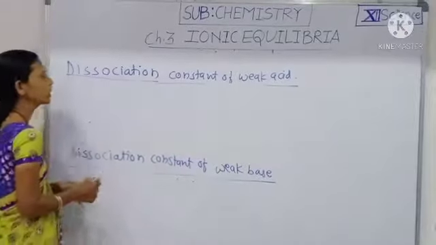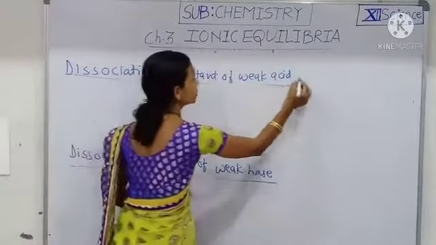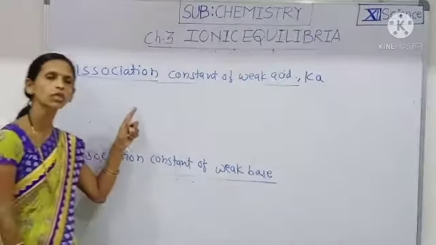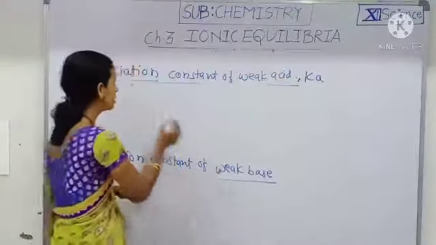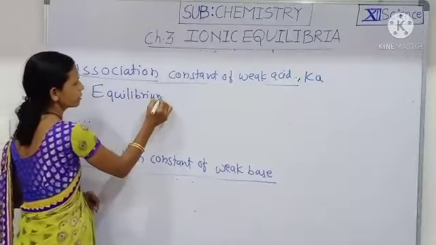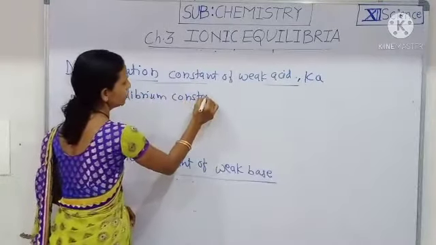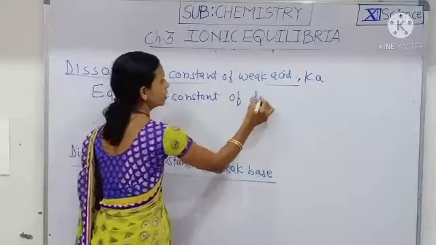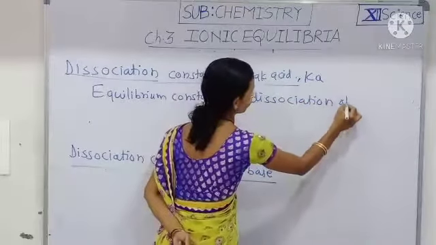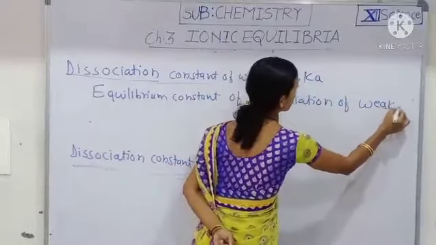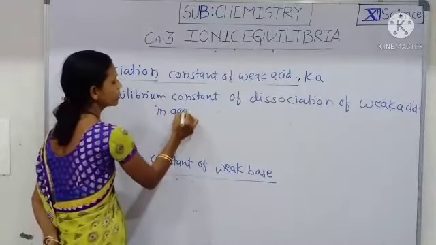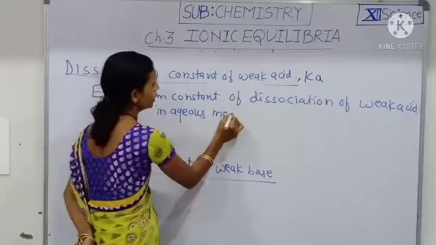Then what is the dissociation constant of a weak acid? That is Ka. The dissociation constant of a weak acid is the equilibrium constant of dissociation of a weak acid in aqueous medium.